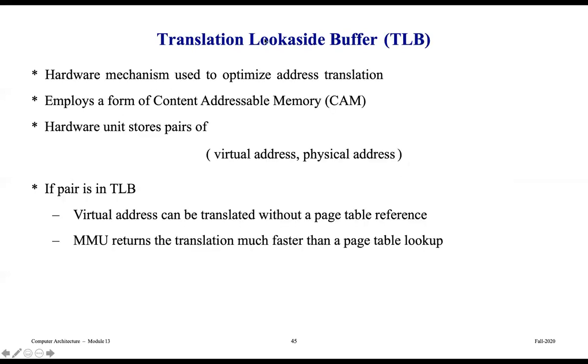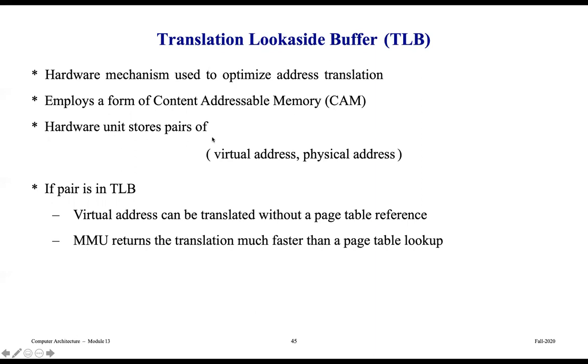Let's talk about the translation look-aside buffer, TLB. It's a hardware mechanism used to optimize address translation. It employs a form of content addressable memory, and we talked about that several chapters ago.